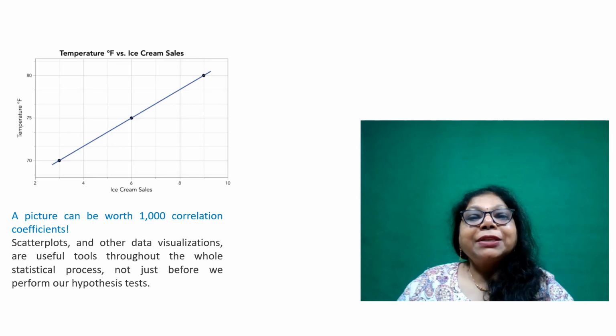Okay, so a picture can be worth 1000 correlation coefficients. Scatter plots and other data visualizations are very useful tools throughout the whole statistical process, not just before we perform our hypothesis testing. It's important to remember that relying exclusively on the correlation coefficient can be misleading, particularly in situations involving curvilinear relationships or extreme outliers.